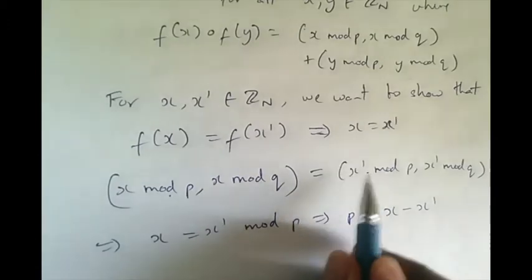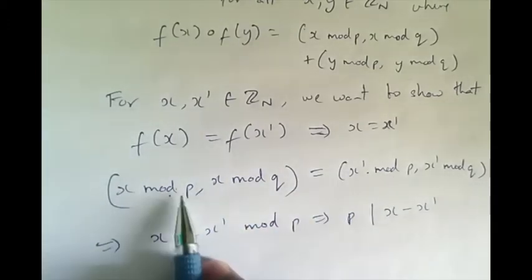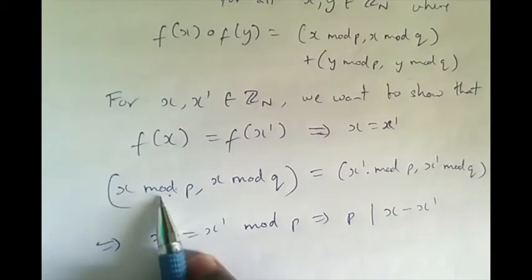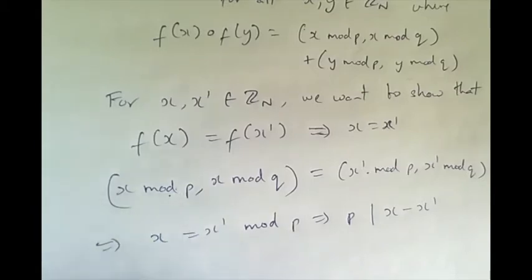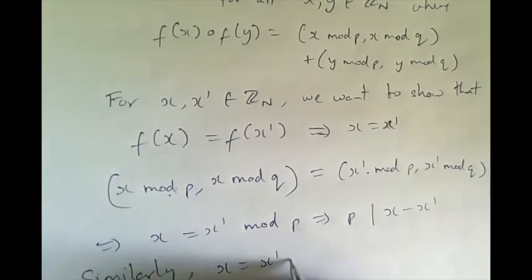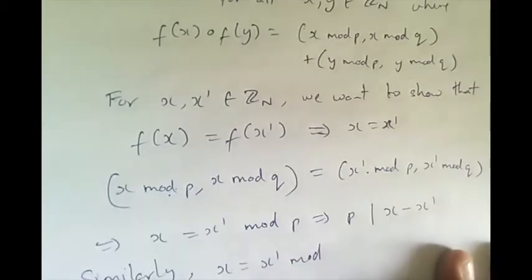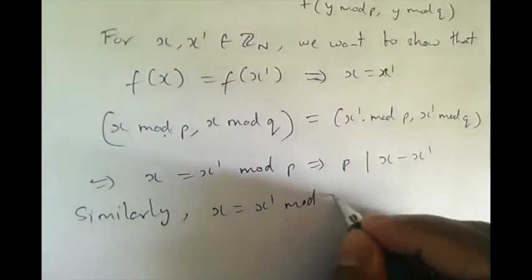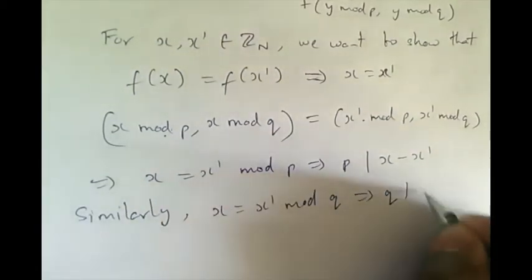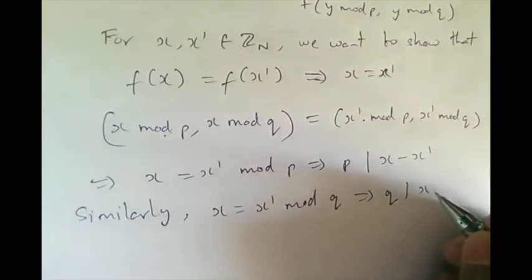Because if the remainders of x and x prime when you divide by p are equal, then the difference must be divisible by p. Similarly, x equals x prime mod q implies q divides x minus x prime.